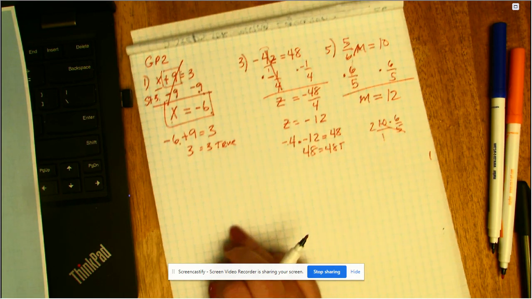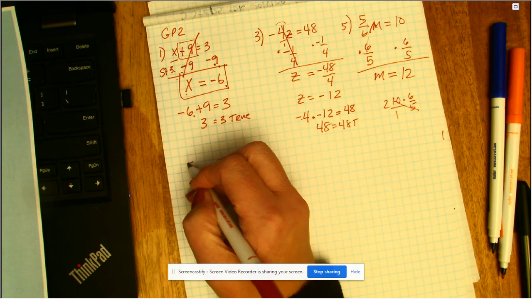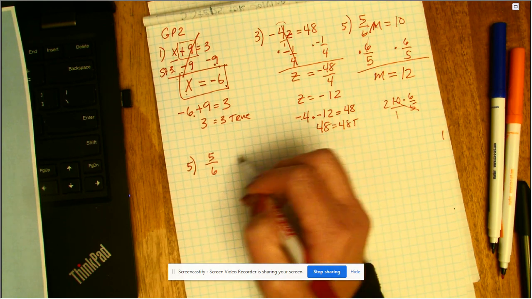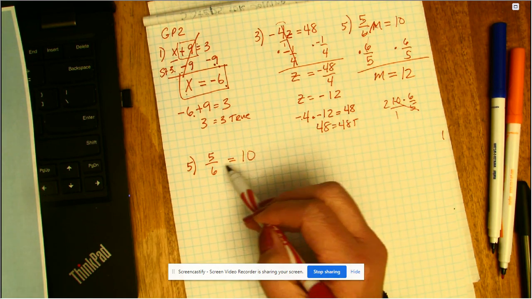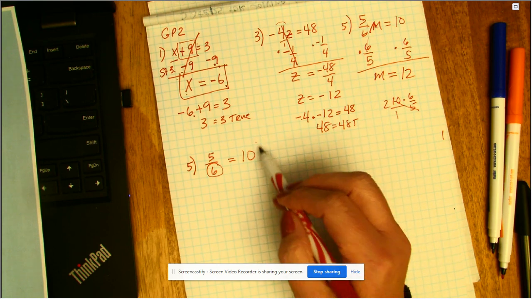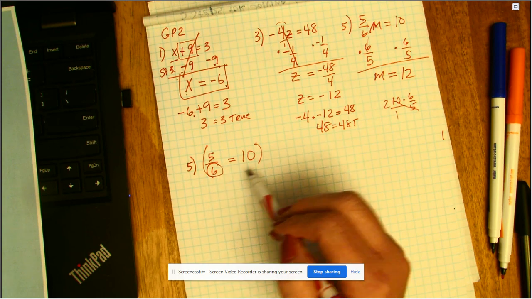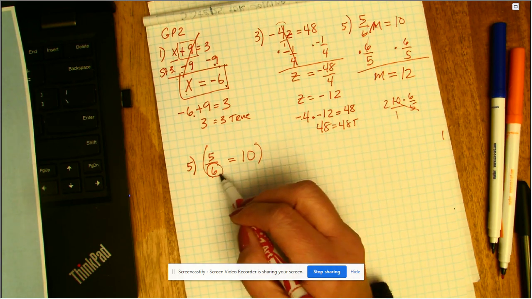Okay. There's another interesting way that we can actually do that problem. We're going to talk about that. So 5 over 6 m equals 10. One approach I could take is to get rid of the fraction. And I can do that by multiplying the whole thing by the GCF of all the fractions. Since I only have one, its GCF is actually the denominator.